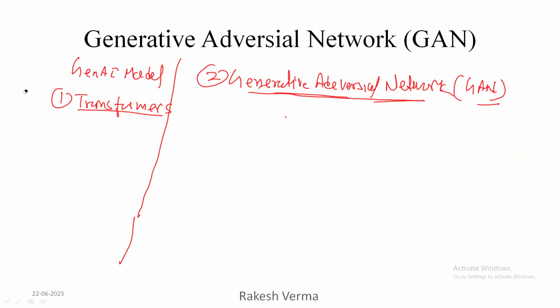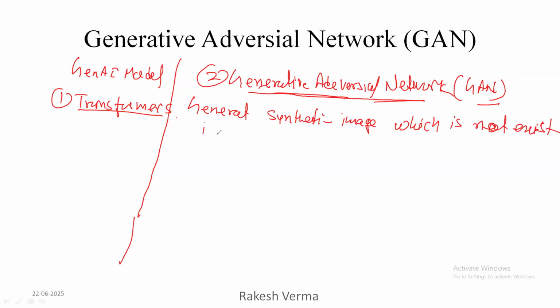Now suppose, as I told you, a generative adversarial network is basically used to generate synthetic images. Synthetic means created by a program. A synthetic image which does not exist in reality, but looks like a real image.